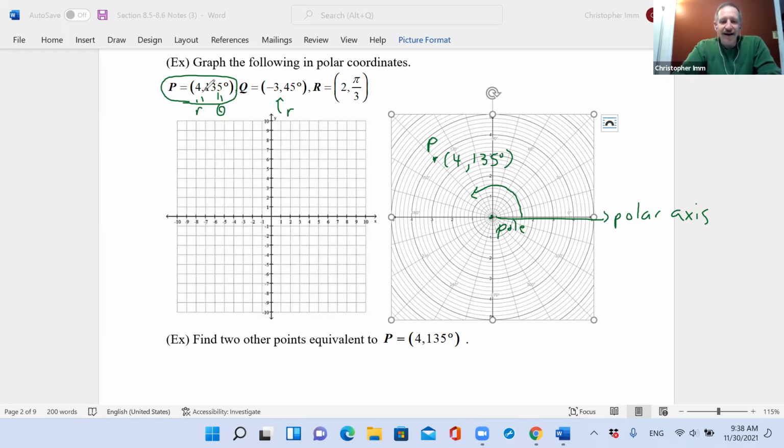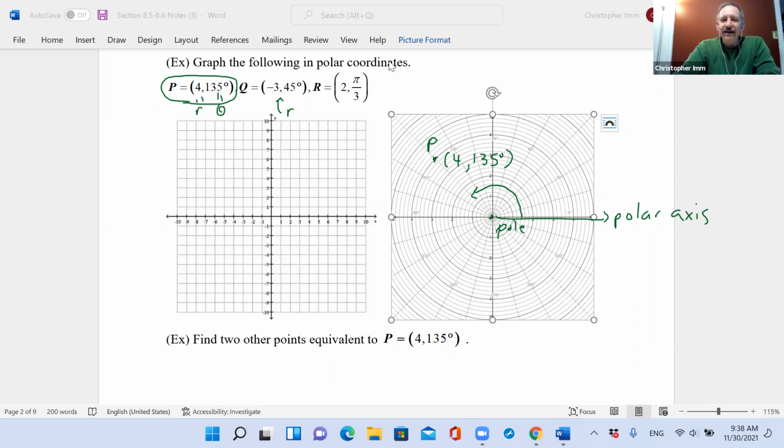Okay. So Ali, I would like you to try to plot the point Q. You can annotate and put it on the screen. You would want to try to annotate and put that point Q on the graph there.